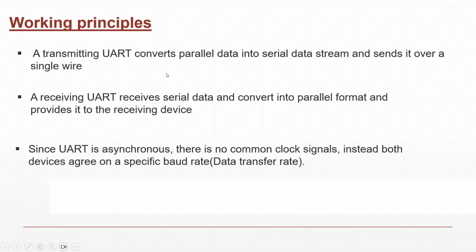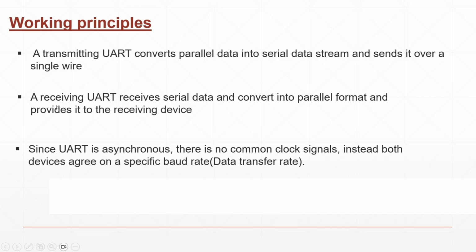That data will come in parallel, as there may be some bus from memory to that transmitter. So it will take data in parallel, and the UART, meaning the master, will convert that parallel data into serial and transfer it on a single wire, and then transfer it to the receiver side of the slave. In this way, the UART protocol works.